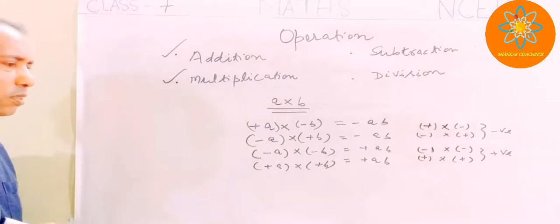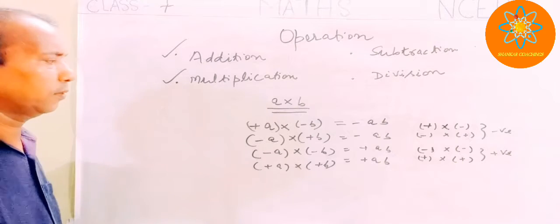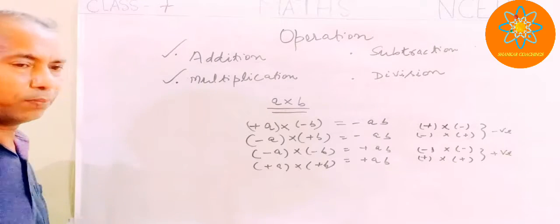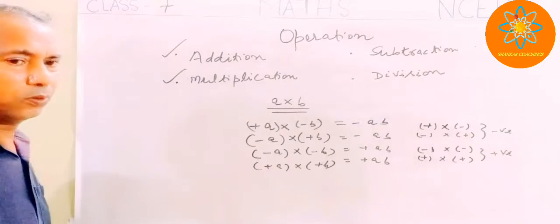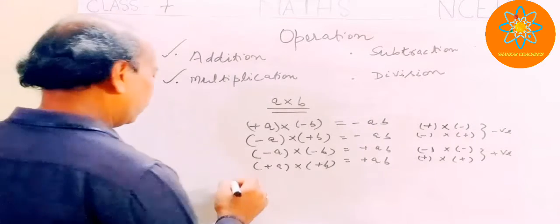Let's suppose we want the product of three numbers, not 2 but 3.